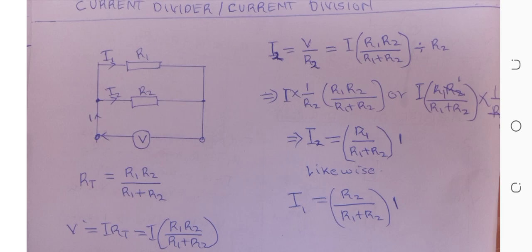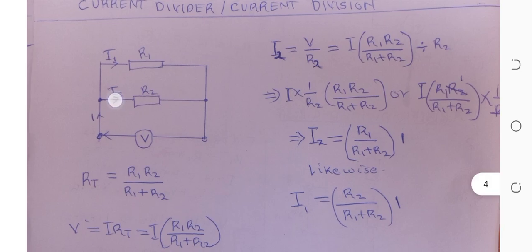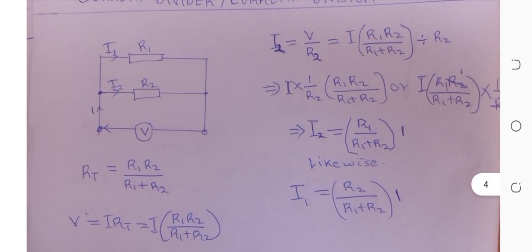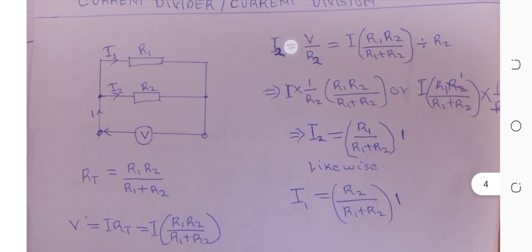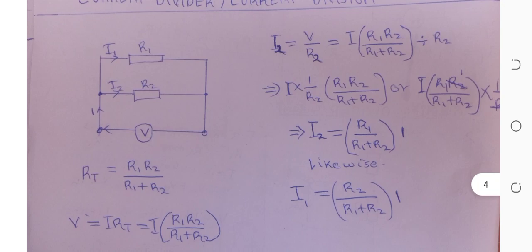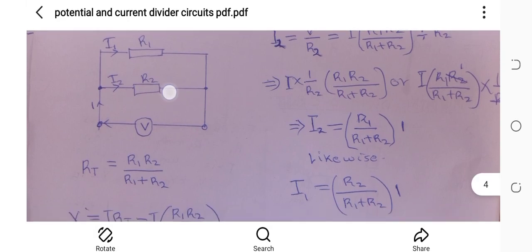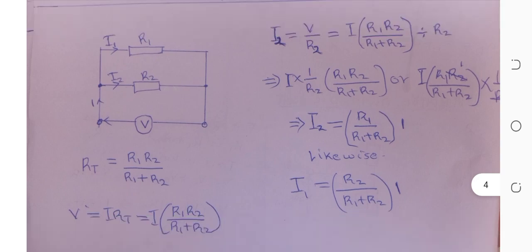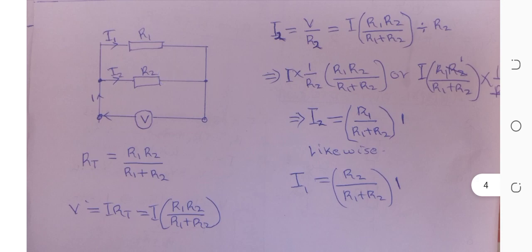If you were to find I2, this one here, what do we do? Because we have the voltage equal all over, by Ohm's law we know that I is equal to V all over R. So we get V all over R2. So that's how we got this.